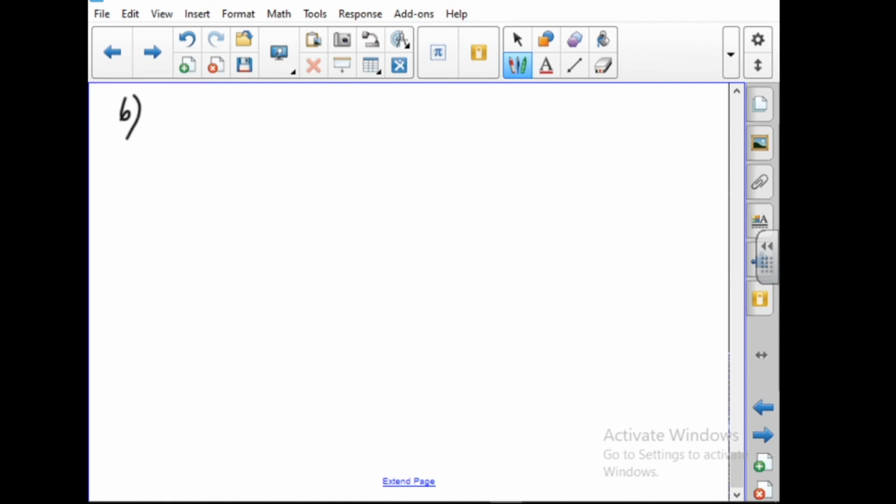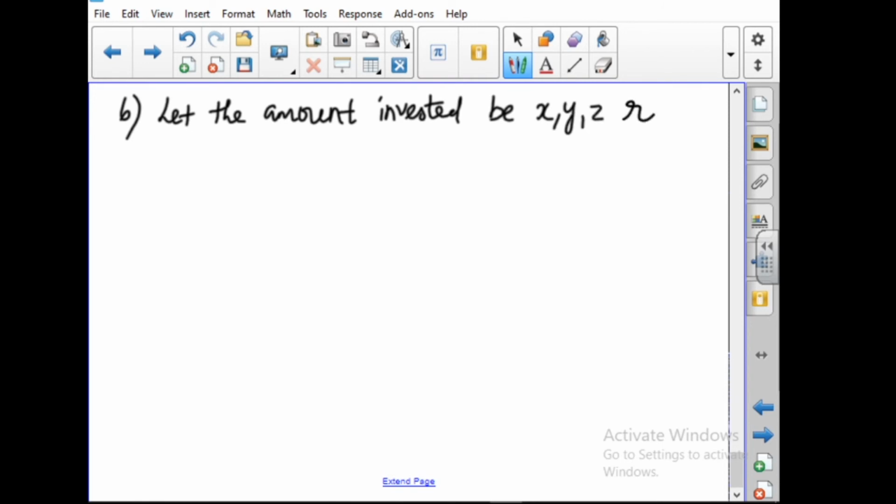So let us consider, let the amounts invested be X, Y, Z respectively. Okay. So it is given that 8,500 is the total amount. So first equation is X plus Y plus Z equal to 8,500. So this is equation number 1.